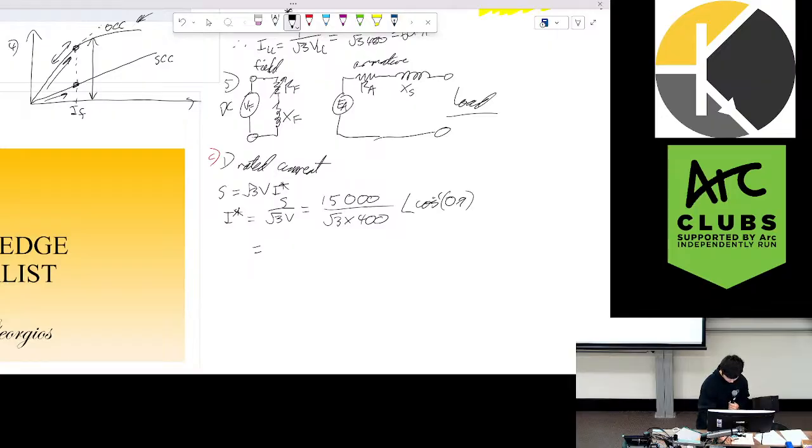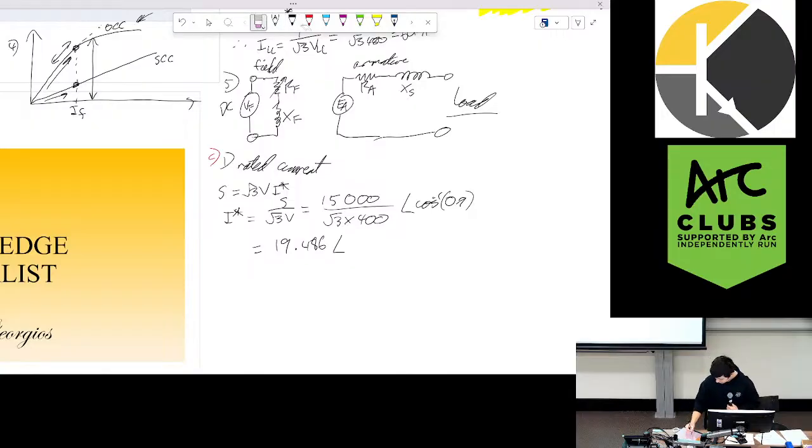This should give us a number. Let's calculate it. Root 3 times 400, angle of cosine inverse 0.9. This gives us 19.486 with an angle.